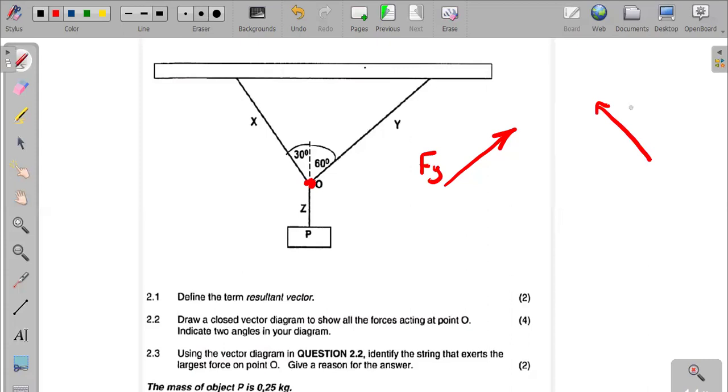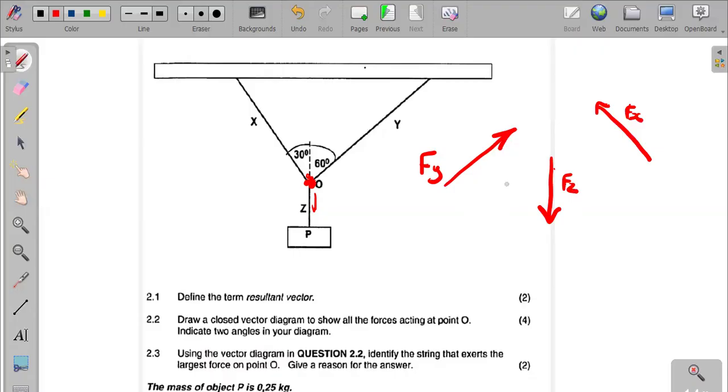That's apparently our X, Fx, the force through X. Then, lastly, the force through string Z from O, it's going downwards. You can see from the point O here, the force is acting downwards. So we have Fz acting downwards. There is our Fz. Okay, so these are the forces we have and their appropriate directions.